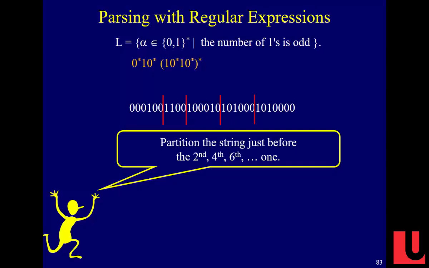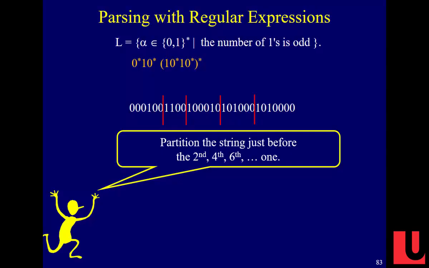All the ones? No. After the even ones. We don't put one before the first 1, and we do put one before the second 1, and not the third, and the fourth, and not the fifth. So we don't do the first one, and then we do every other one. That's how I cut it.